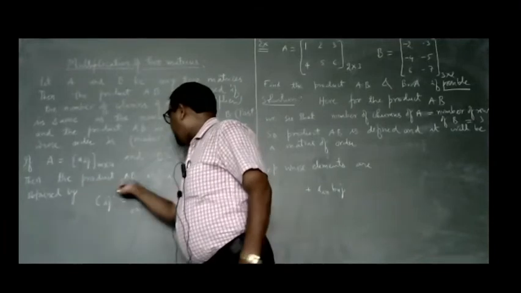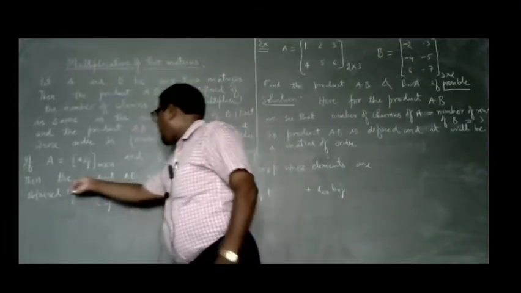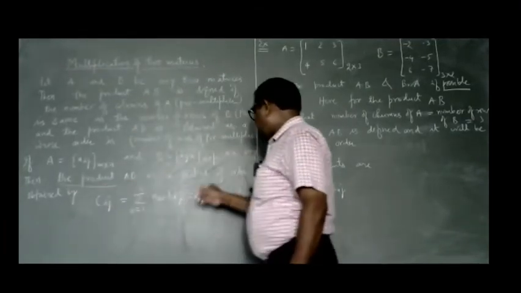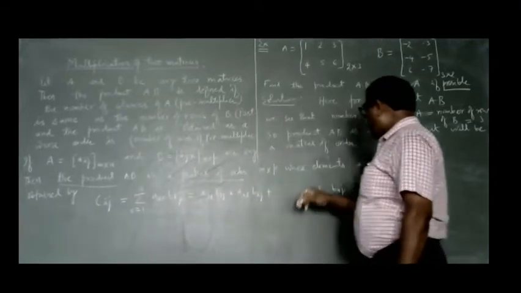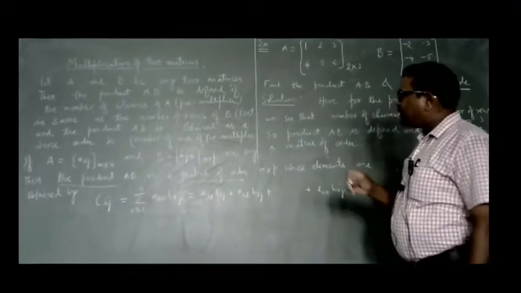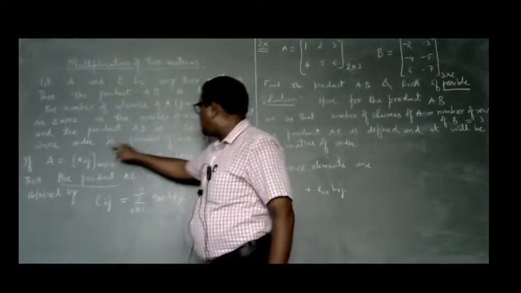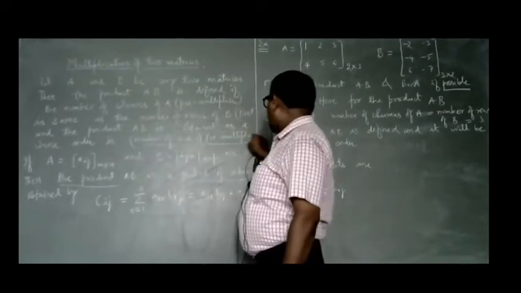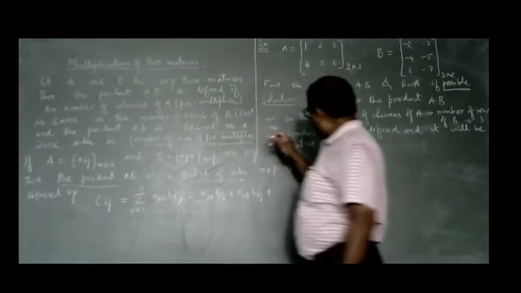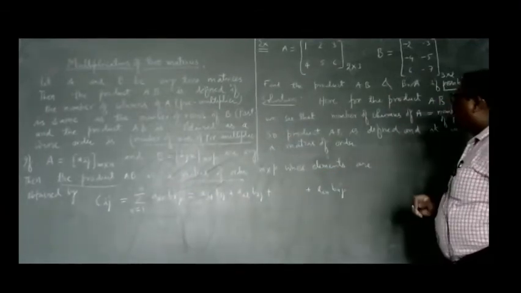Look at the definition. Product of A and B is a matrix obtained whose order is number of rows of pre multiplier into number of columns of post multiplier.